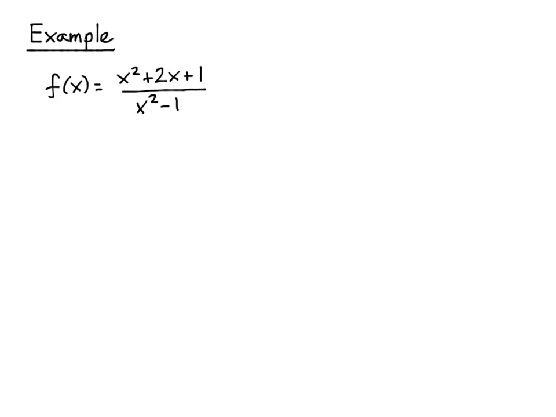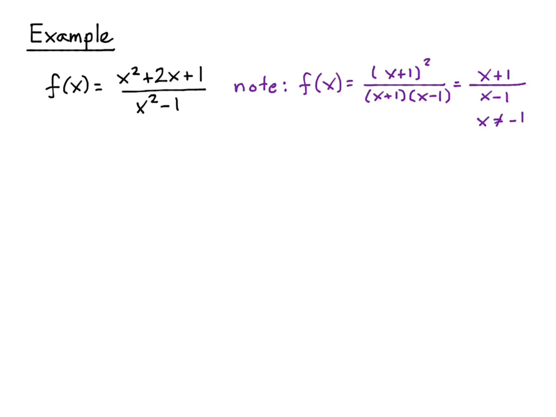And so let's take this function. Okay, it's just a simple rational function. And so if we factor this out, we know that we have a domain restriction that x cannot equal -1 because the plus ones cancel. Okay?